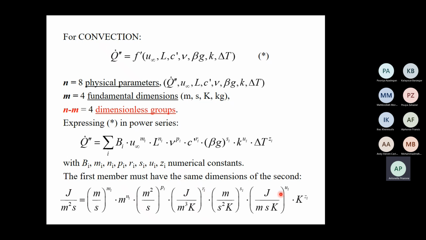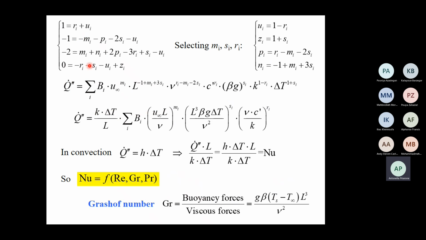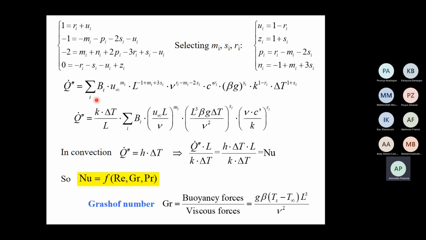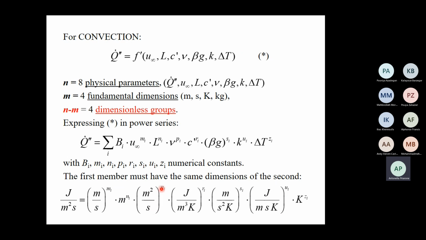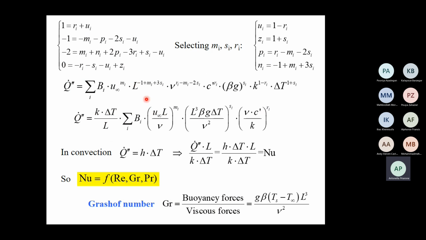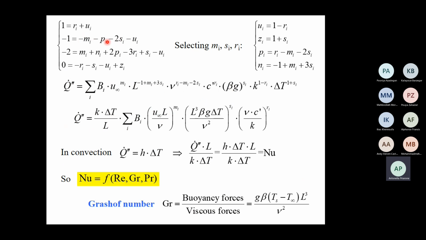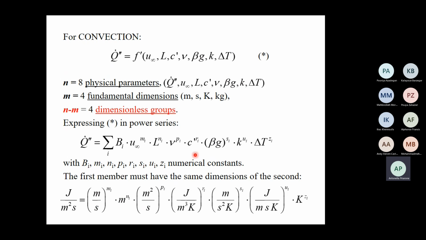Then minus 1 is second. In the first member, second is here, is minus 1. It will be minus m on the second member, minus m_i, minus p_i, minus 2 s_i, and finally minus u_i. And so on for the other fundamental dimensions.